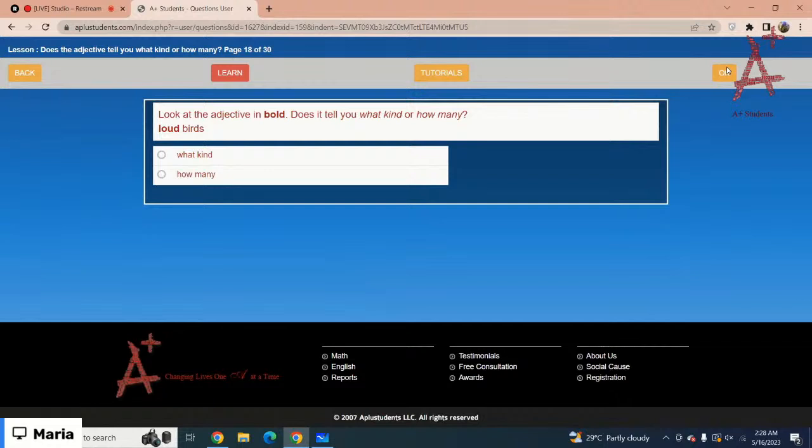Look at the adjective in bold. Loud birds. So which is the correct option? It would be what kind. The correct option is what kind.